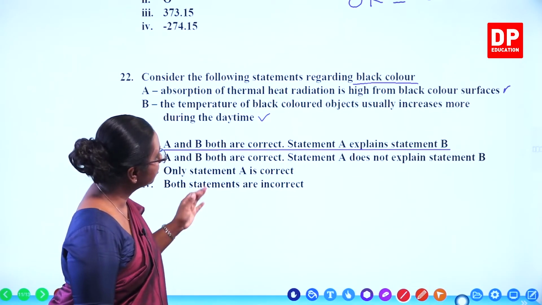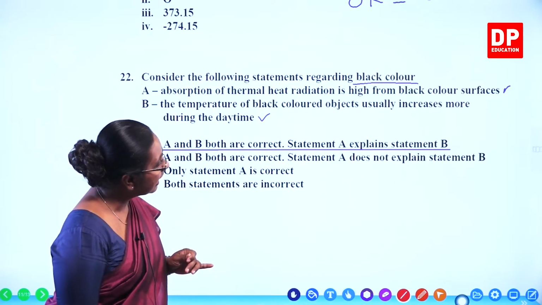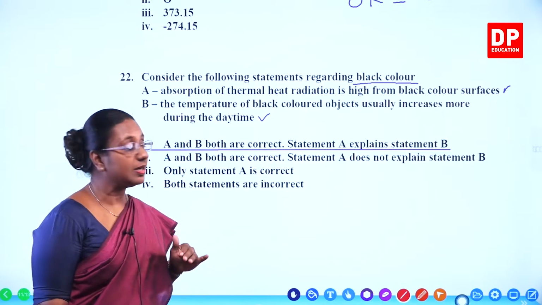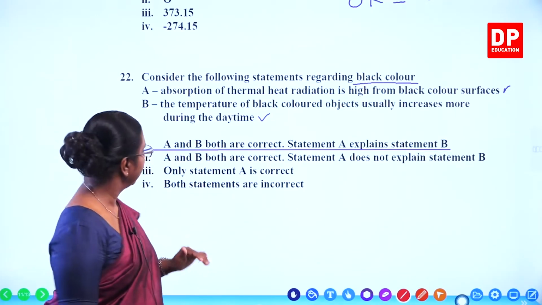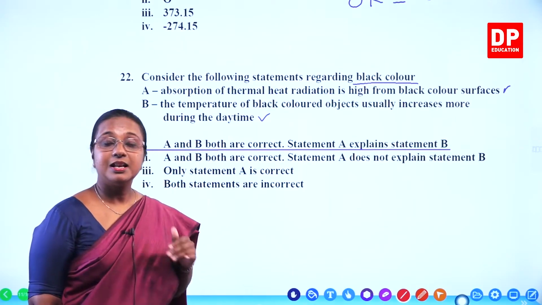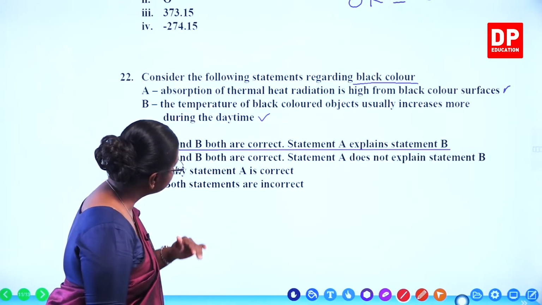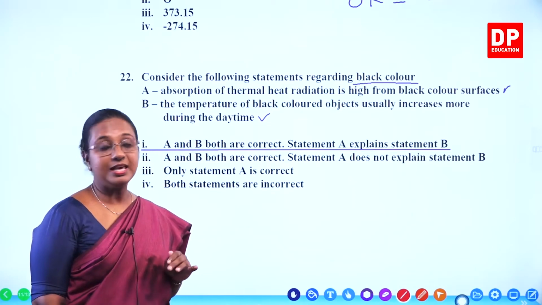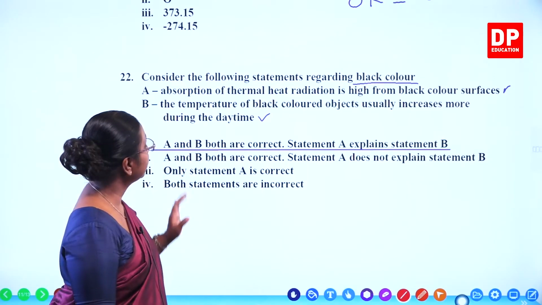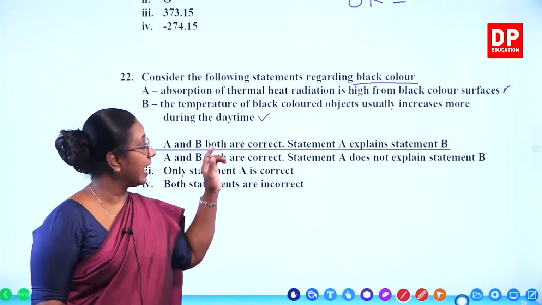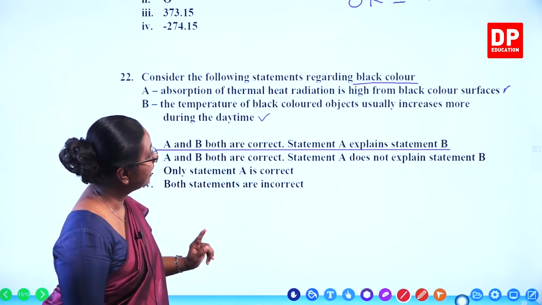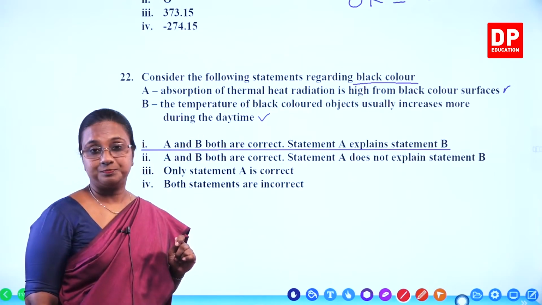A and B both are correct, but statement A does not explain statement B. That is not correct. Only statement A is correct, that is also incorrect, and both statements are incorrect, that is not the answer. So, the correct answer is A and B both are correct and statement A explains statement B.